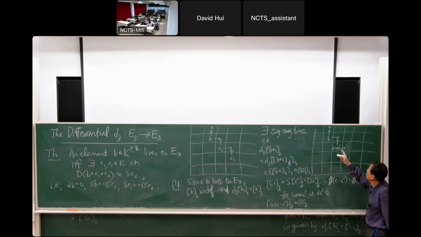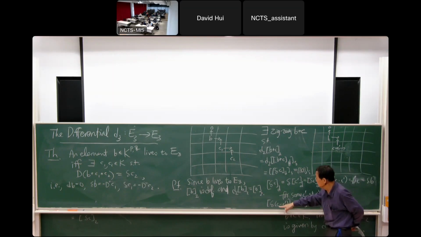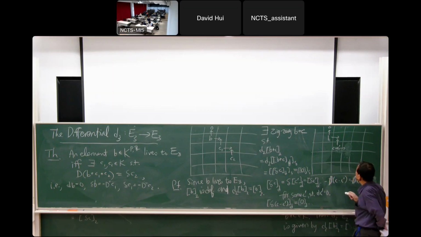Okay, so instead of C, you can replace it by C minus C prime. And then C minus C prime has the property that delta of it is 0 in D. So that implies that delta of C minus C prime has to be exact.